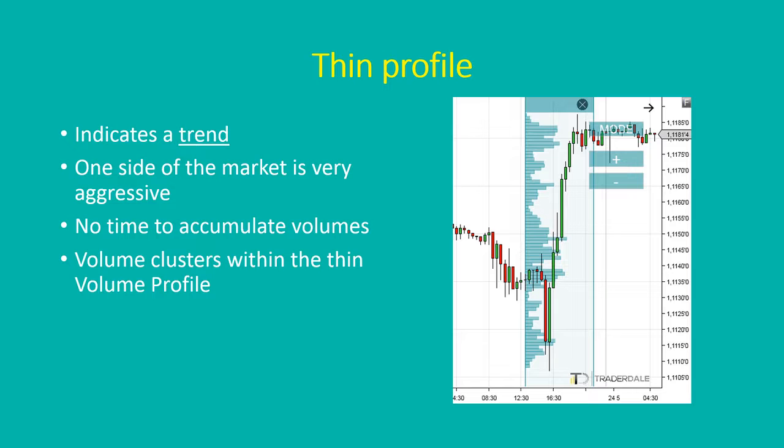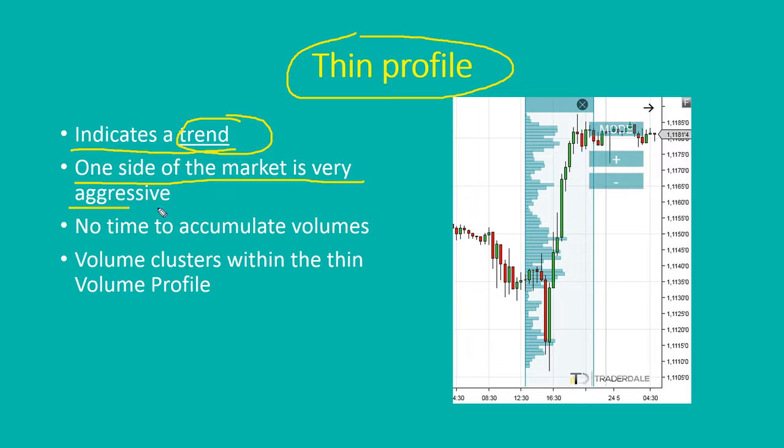The last one of those volume profile basic shapes is the thin profile. When you see a thin profile, then there is a trend. This is the most important thing to remember. Thin profile equals trend. One side of the market is very aggressive, as in this picture, and it's pushing the price upwards.